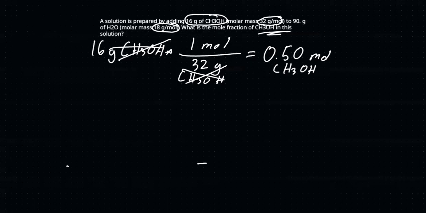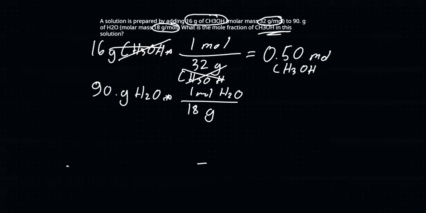Let's find the amount of moles in 90 grams of water. We use 18 grams of H2O per mole, cancel out the grams like we did with methanol, and we get approximately 5.0 moles of water.